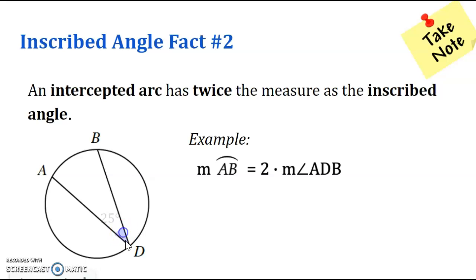We're really talking about this angle right there. If this is 25 degrees, what do you expect the arc measure to be? The arc measure of AB is going to be 2 times whatever this inscribed angle is. 2 times 25 is 50 degrees. So we know the arc measure of AB is 50 degrees.